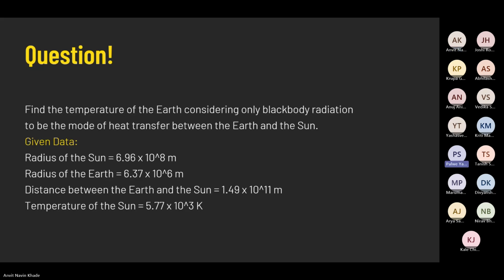And 36.7 Kelvin is wrong, unfortunately. Okay. Yeah, approximately 2 is correct. Should we wait one more minute for others to solve?